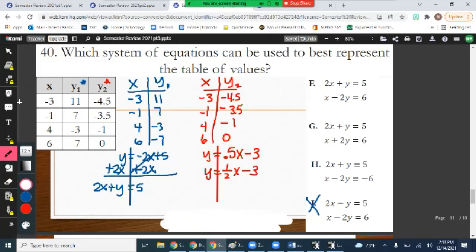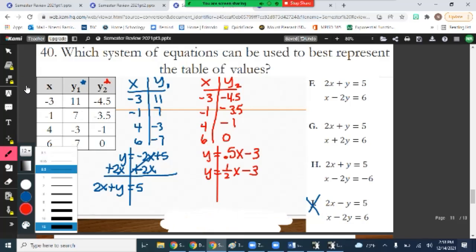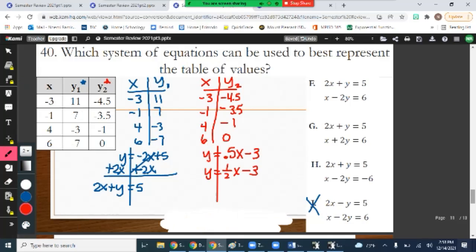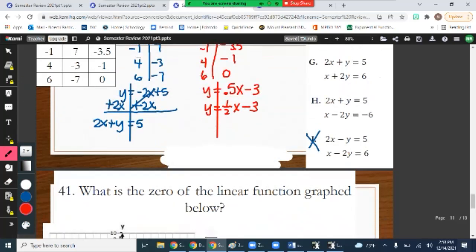This one, I'm really going to need the space. I'm going to raise this up. In standard form, x comes before y, so -1/2 x plus 1y equals -3.